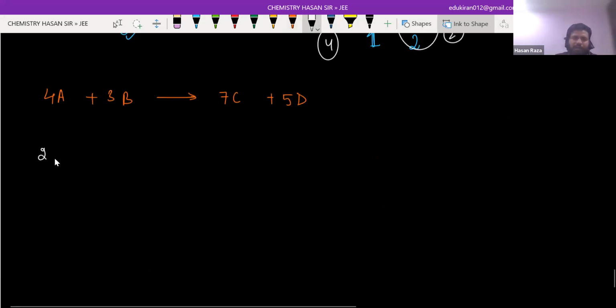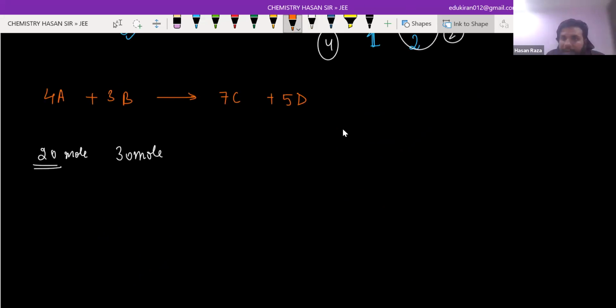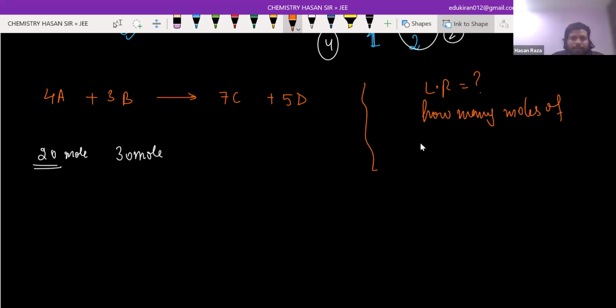Now the question gives 20 mole of A and 30 mole of B reacting. You need to calculate which one is the limiting reagent. The next question: how many moles of C and D are formed?